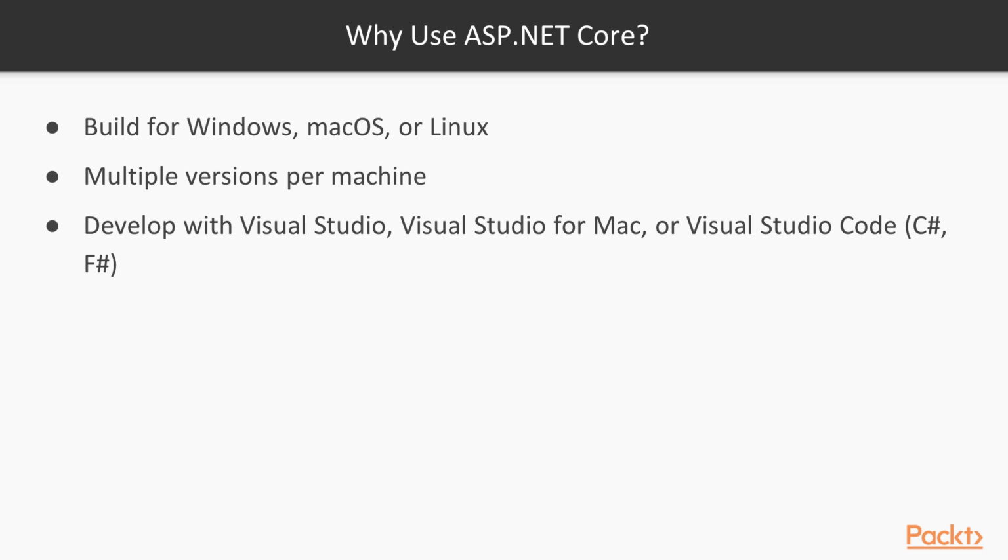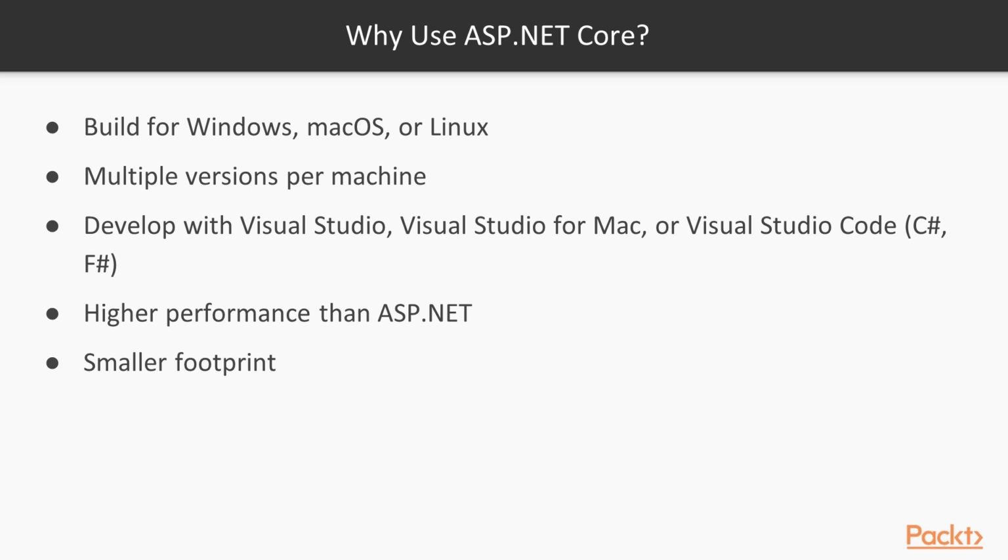You can also develop with Visual Studio for Mac or Visual Studio Code, using C# or F# as the language. And if you're not thrilled with the Microsoft offerings, you can go with Atom, Sublime, or WebStorm; practically any text editor you could use to develop for ASP.NET Core. It's also higher performance than standard ASP.NET.